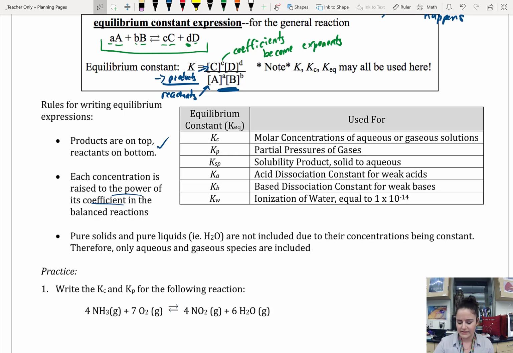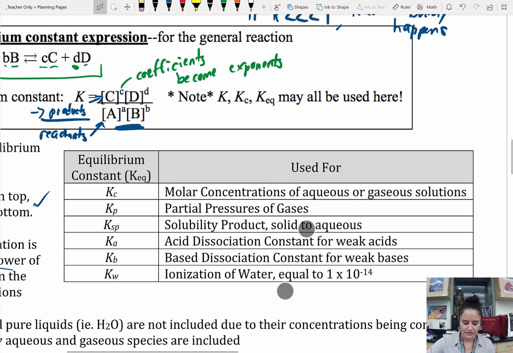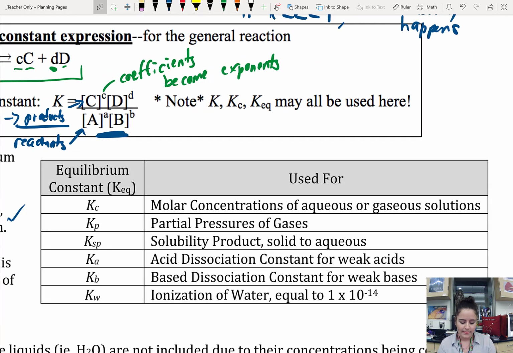Now, just to get you oriented to all of the ones that we'll use. This unit, we're going to be focusing mostly on Kc, which are equilibrium expressions using the concentrations, Kp, which are equilibrium expressions based on the partial pressures, and Ksp, which we use when ionic compounds dissolve. This chunk is what we're going to be mostly doing this unit.